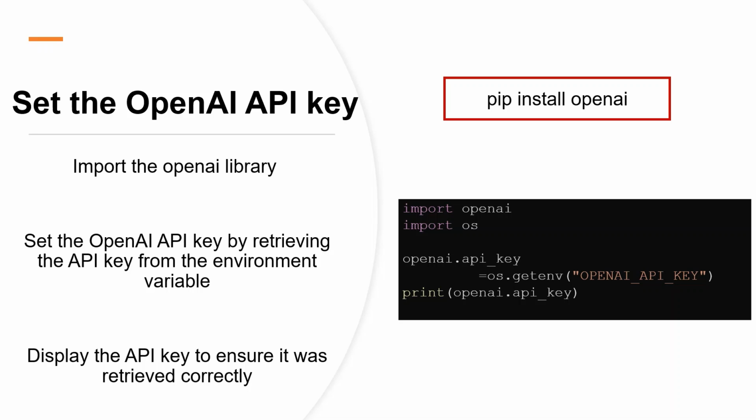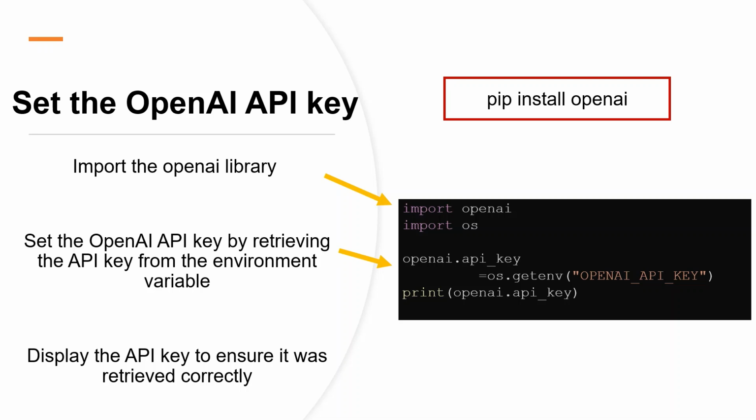Before we begin, make sure you have the OpenAI library installed. You can easily do that by running the following command, pip install openai. Let's set the OpenAI API key using the OpenAI library. Import the OpenAI library.